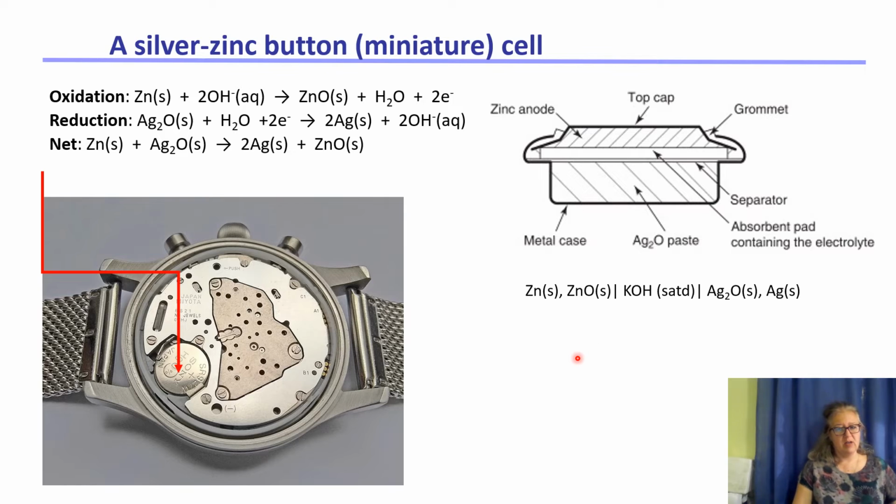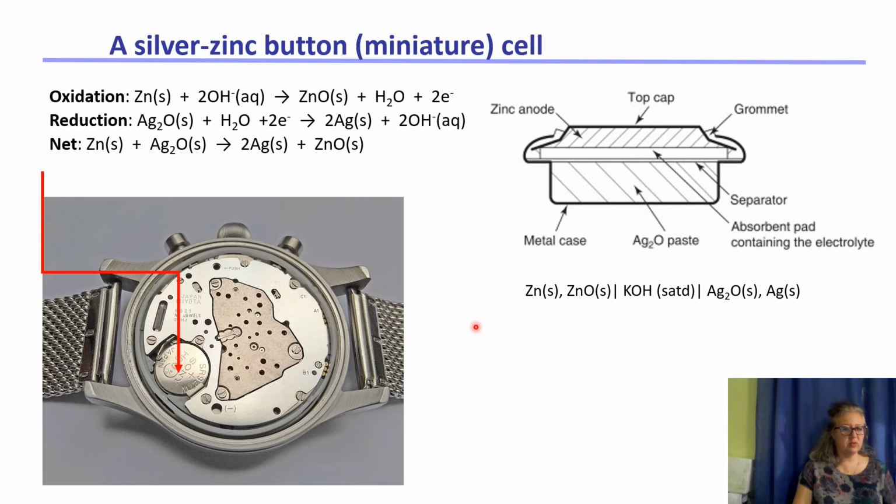The cell diagram for the silver-zinc cell is presented on the right. The half reactions on this chart are as follows, and the net reaction is presented here.